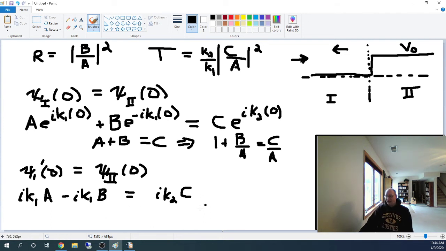Notice I can get rid of the i's here, but the whole point is I get k1. I could rewrite it a little differently.